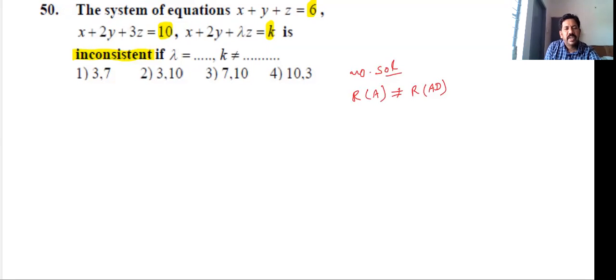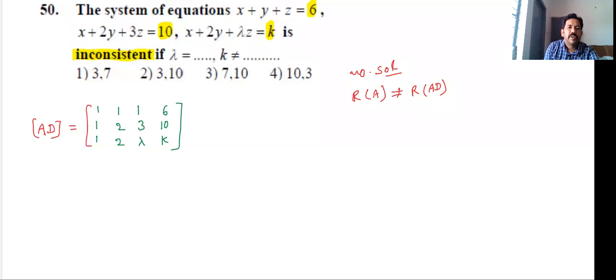Students, first write the augmented matrix AD, which means the coefficient matrix and constant matrix combined. We are writing 1, 1, 1, 6; 1, 2, 3, 10; next 1, 2, lambda, k. So here we need to find lambda and k values.